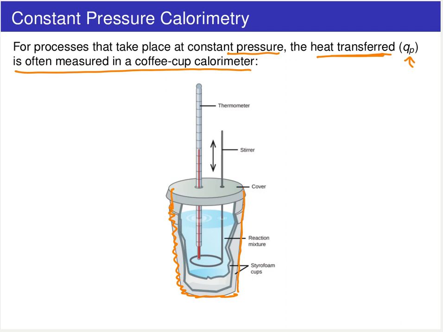So what we're effectively doing by having a styrofoam cup and then a nice lid on the top is providing a thermal barrier, so that whatever sorts of energy transfer processes are occurring inside the container, where for example we have some reaction mixture or some physical transformation, whatever it might be, will be thermally isolated from the surroundings.